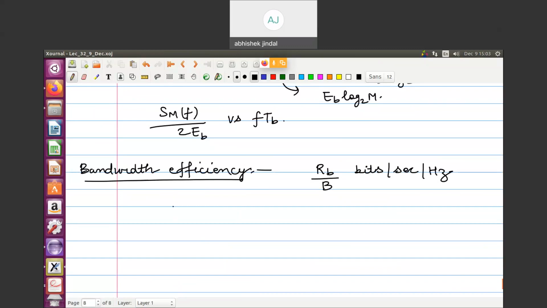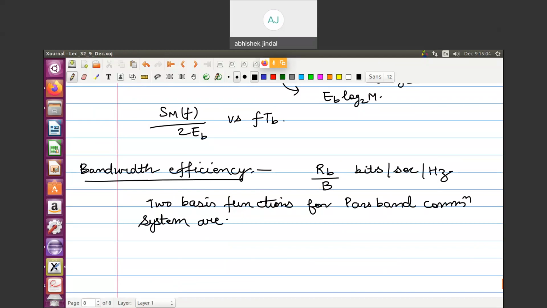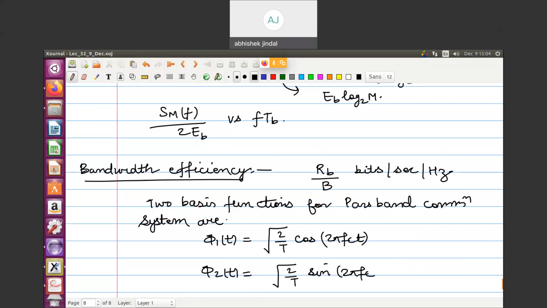Okay. So you realize, let us say what are the two basis functions for passband communication system are phi 1t, twice of t cos of... Okay.